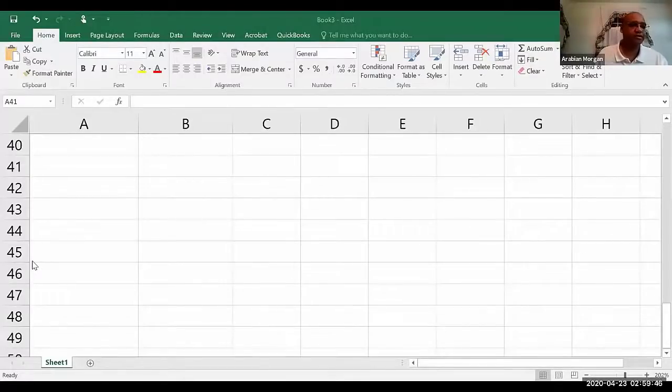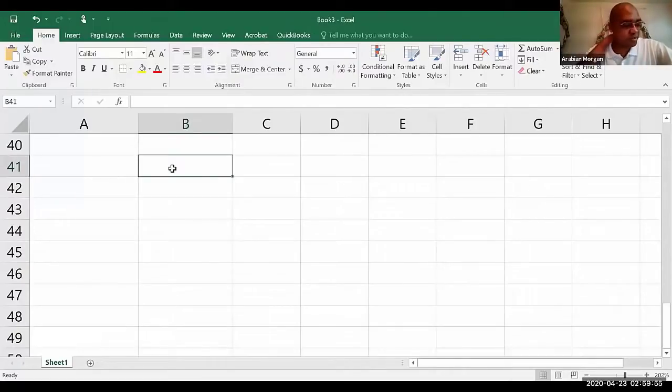I'm going to share my screen with you again here and walk through it. Okay, so here we're presented with some information based on the production of 20,000 units of a particular product.